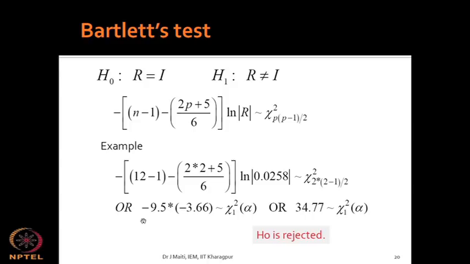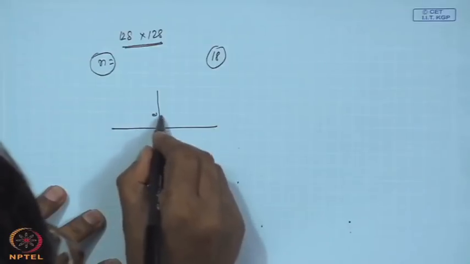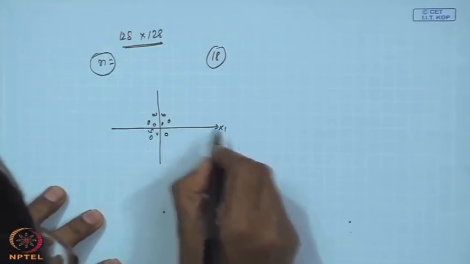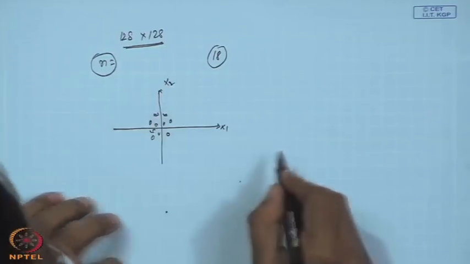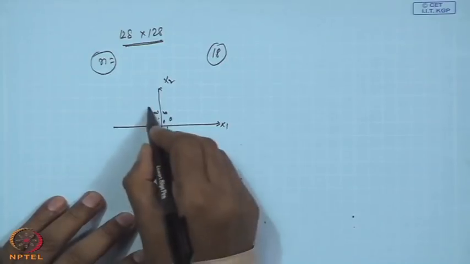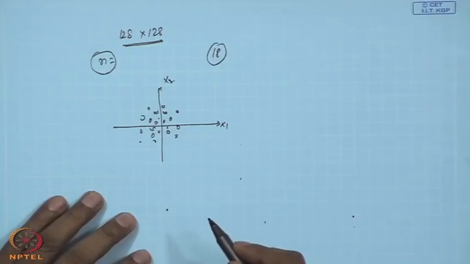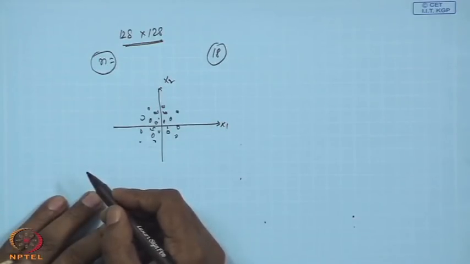The Bartlett sphericity test is very interesting. For example, just see your data, scattered data x1 and x2. This is random data. That means there is no relation between x1 and x2.